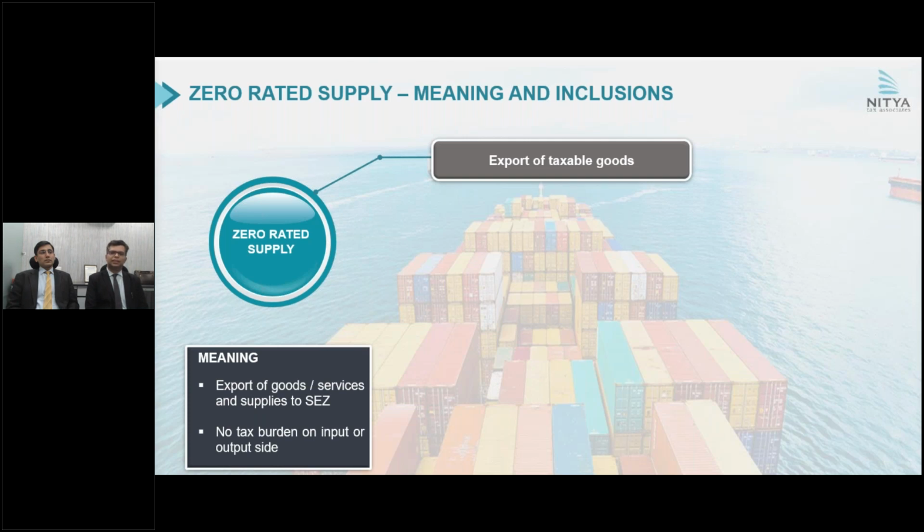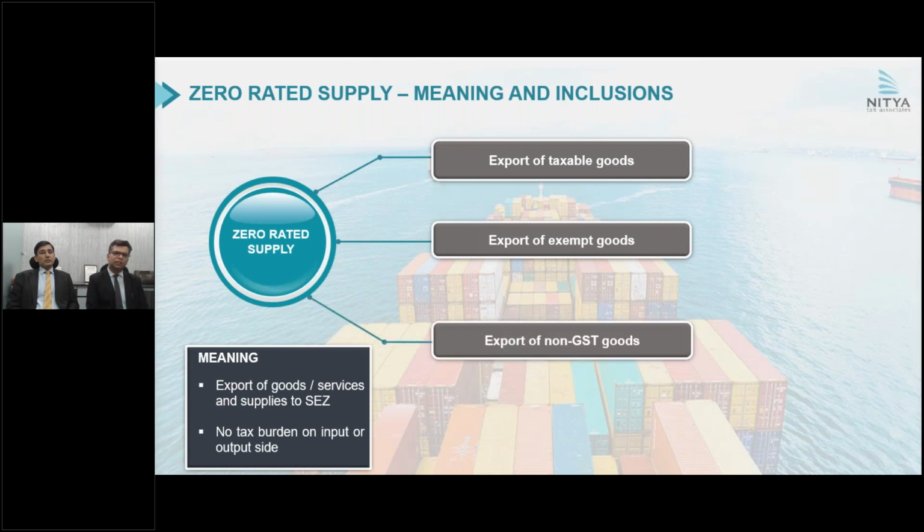So zero-rated supplies can be by way of export of taxable goods, export of exempted goods, or export of non-GST goods. Here, it is important that even exempted goods and non-GST goods qualify as zero-rated supplies under GST.